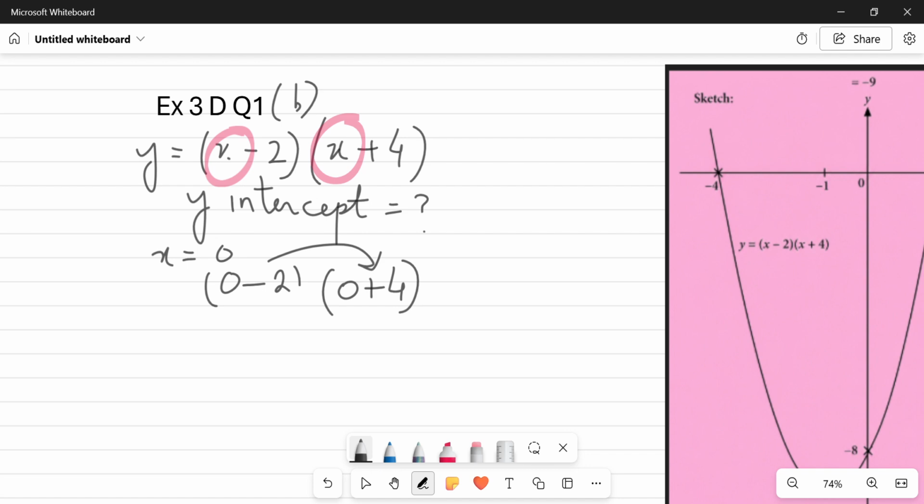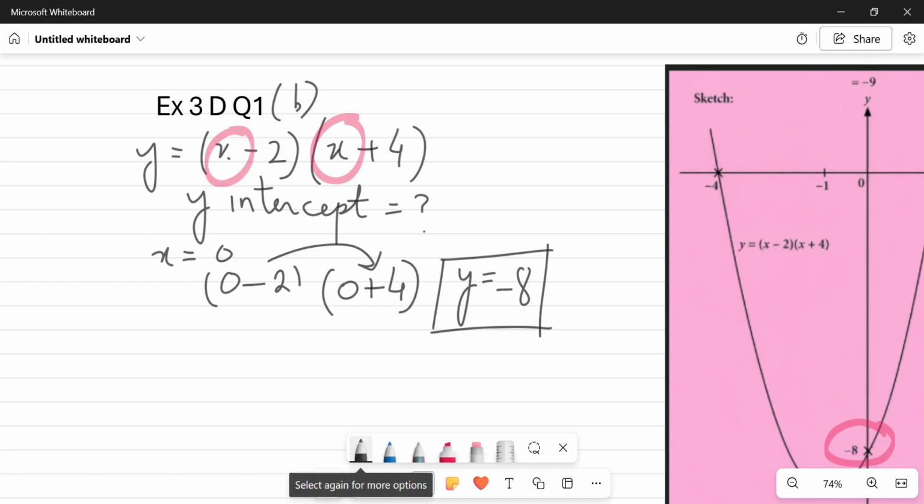So here y is equal to minus 8, right? Can you see in the graph? It's marked here, minus 8.